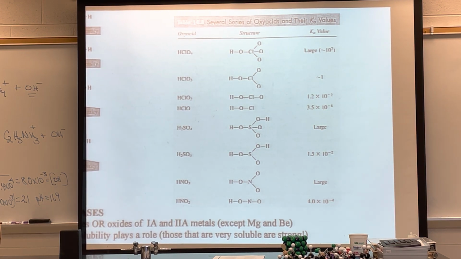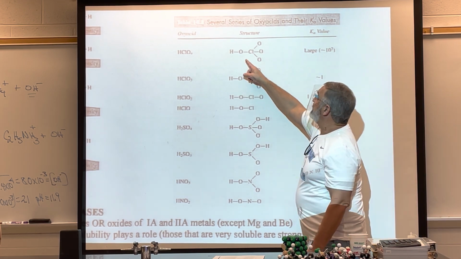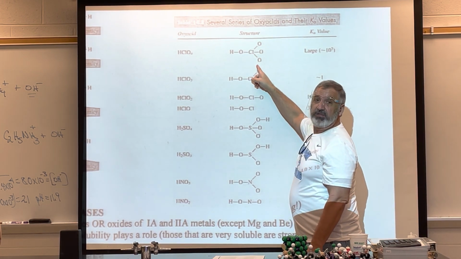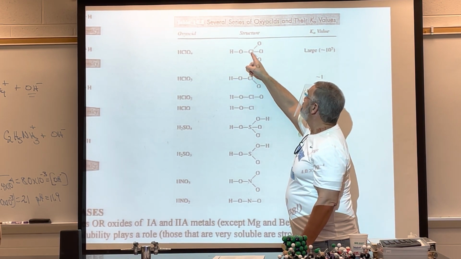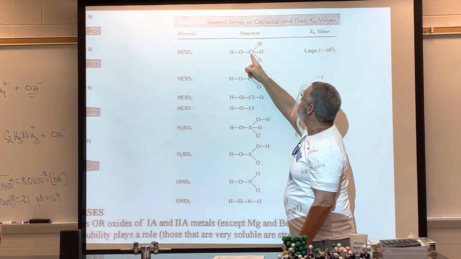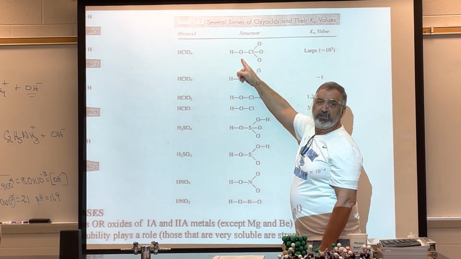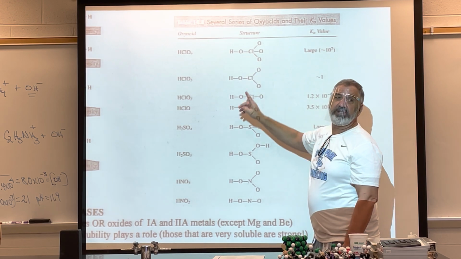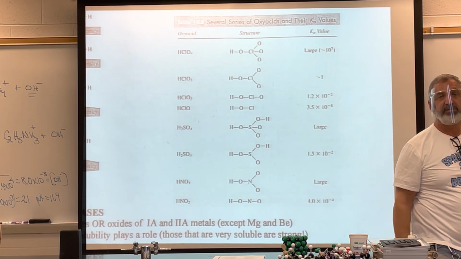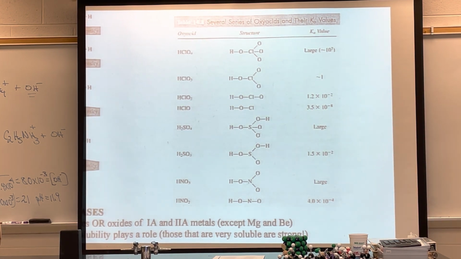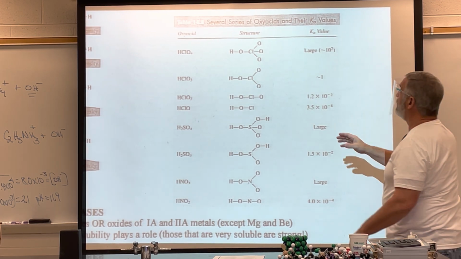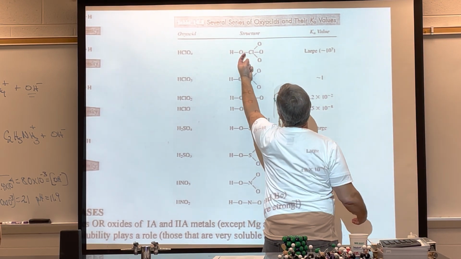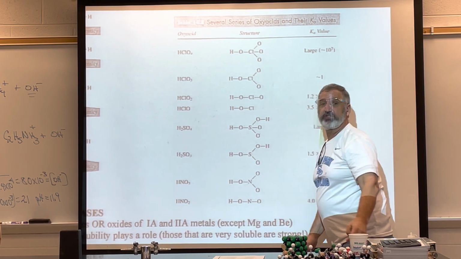If I compare HBrO4, would that be stronger or weaker than HClO4? Weaker, because the electronegativity of the halogens decreases going down. Remember we talked about it being electron withdrawing. The more electron withdrawing, the more the electrons are pulled this way, the stronger the acid.